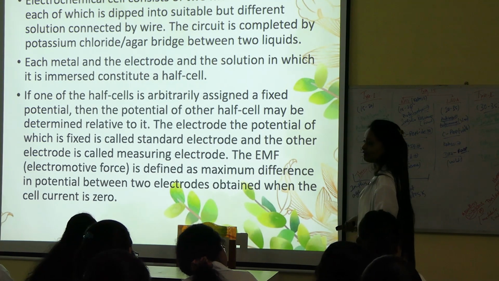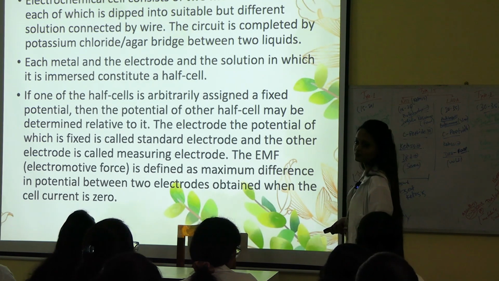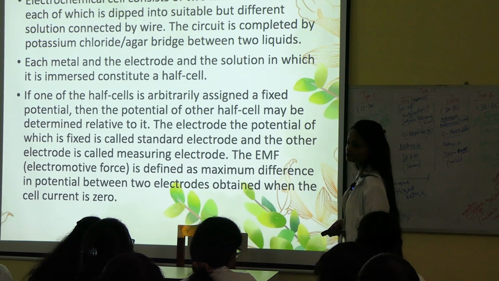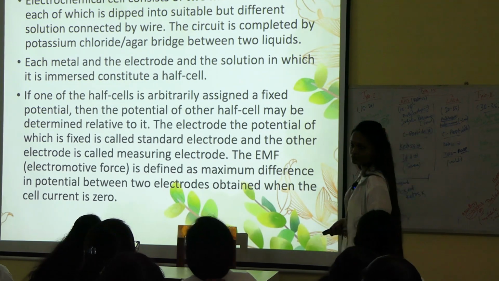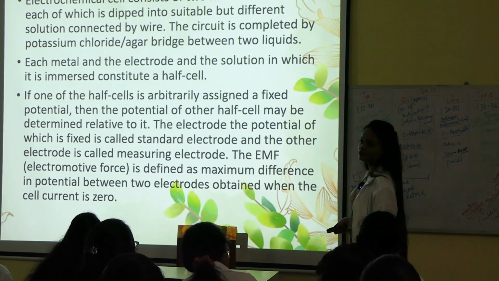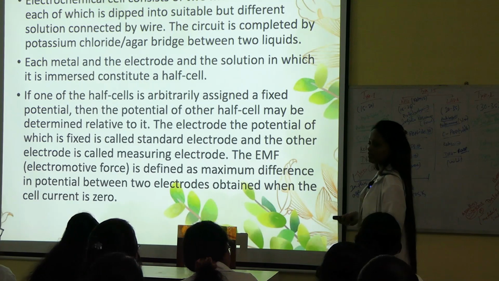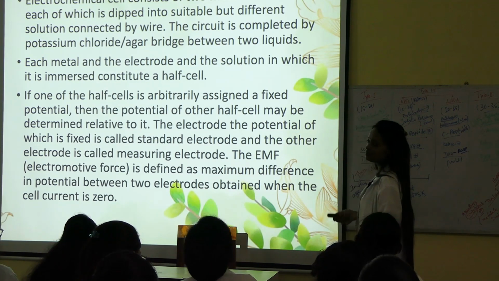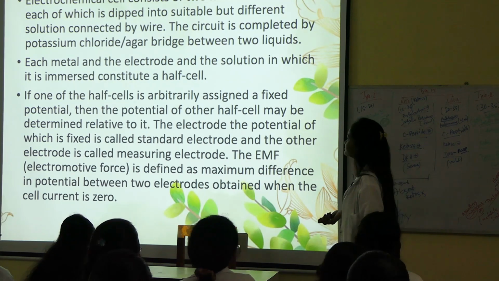What is half cell? Half cell, one with positive polarity, one in a solution composed of an electrode with an electrolyte. This constitutes half cell.